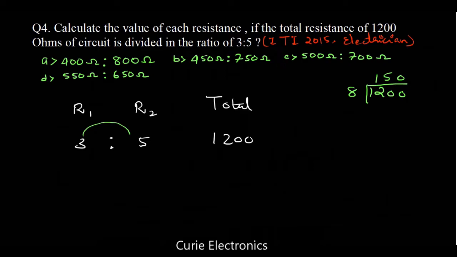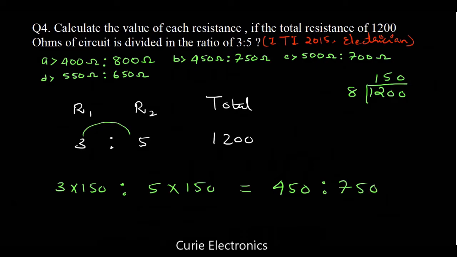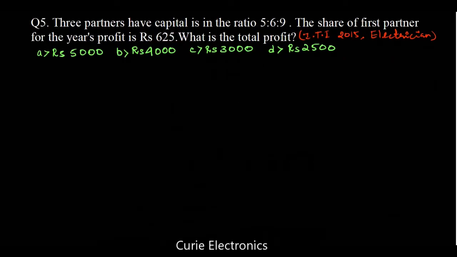How do I write? 3 multiplied by 150 is to 5 multiplied by 150. So this is equal to 450 is to 750. So 450 is to 750 is the right answer. That is option B. Next question.